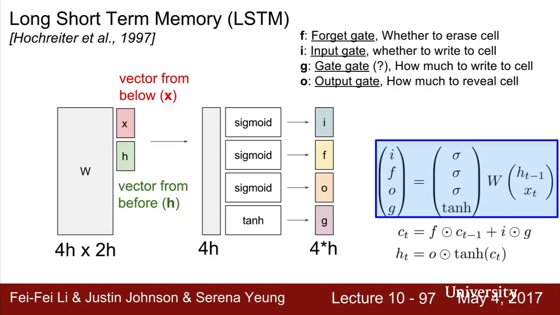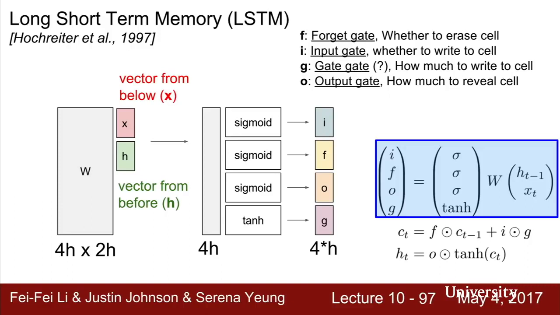Sometimes you'll see this written in different ways. Some authors will write a different weight matrix for each gate, some authors will combine them all into one big weight matrix, but it's all really the same thing. The idea is that we take our hidden state and our current input, and use those to compute these four gates. You'll often see this written as IFOG, which makes it pretty easy to remember what they are. I is the input gate.